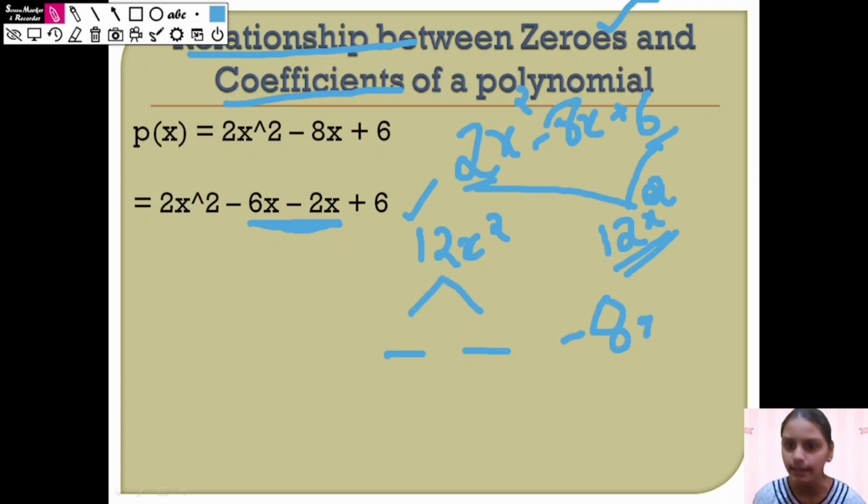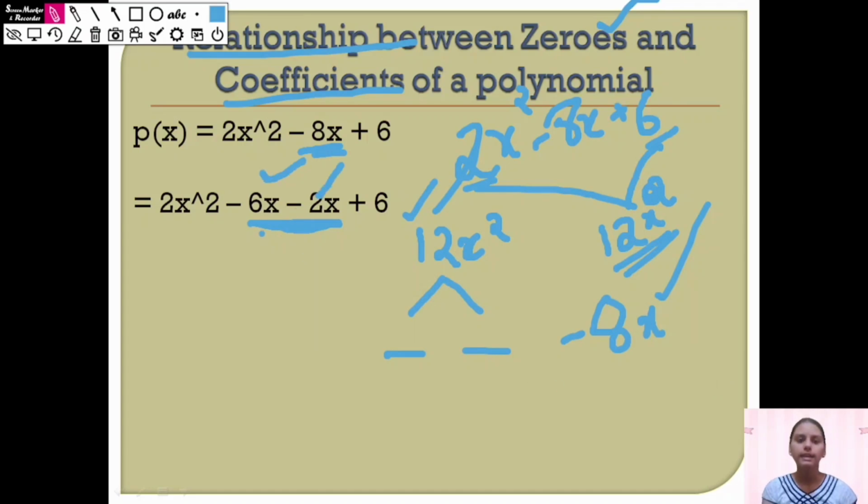Why? In the middle we have minus 8x. So if I multiply, I should get 12x square, and if I add, I should get minus 8x. So what are those two numbers which satisfy both conditions? Only then I'll write them here.